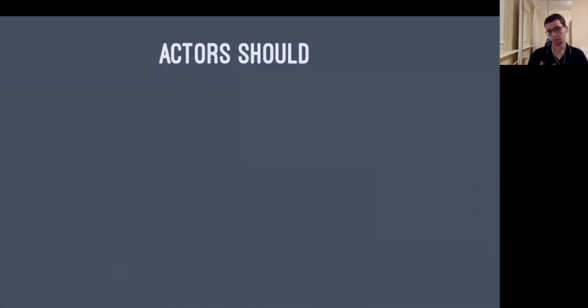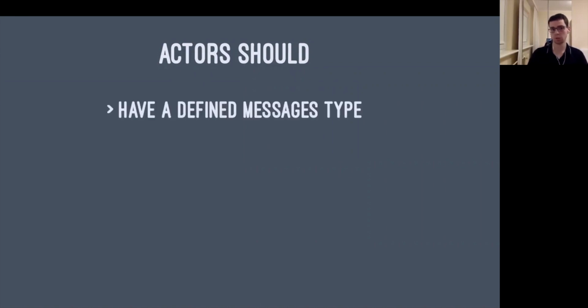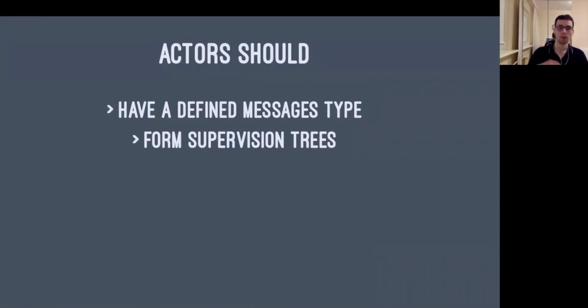Now let's decide what we would expect from the API design. For us, actors should have a defined message type. So we should be aware what kind of messages we can send to that actor, that this actor can process. Actors should also form supervision trees.